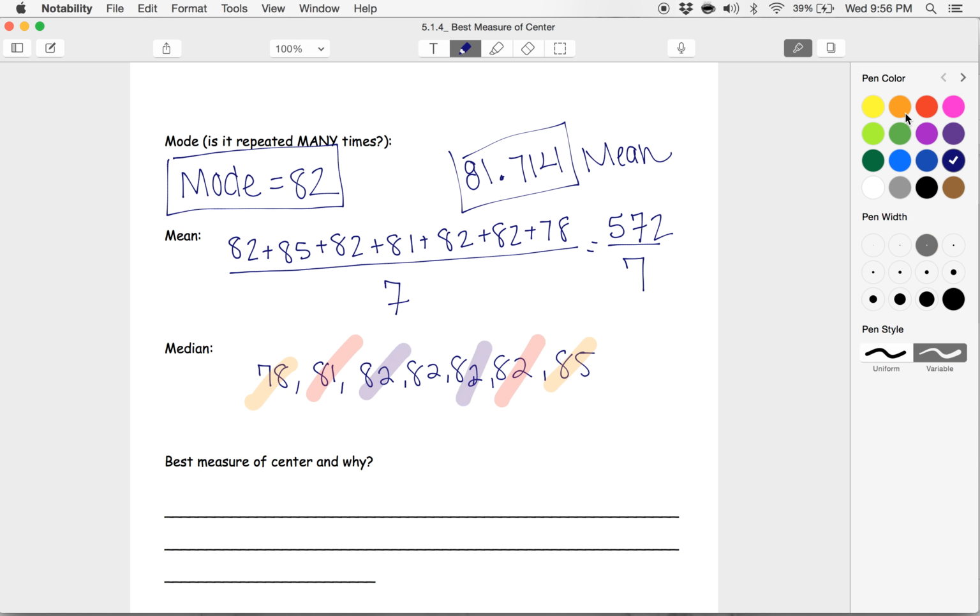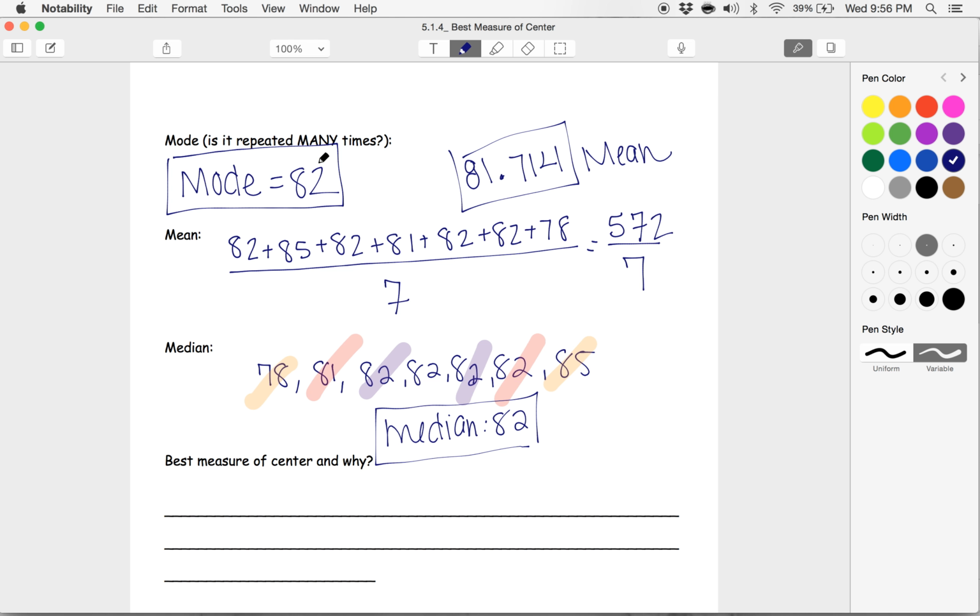And it looks like my median is 82. Now that we've done these 3, I need to think what is going to be my best measure of center. The biggest thing that sticks out to me is that I have 1, 2, 3, 4 of the same number.